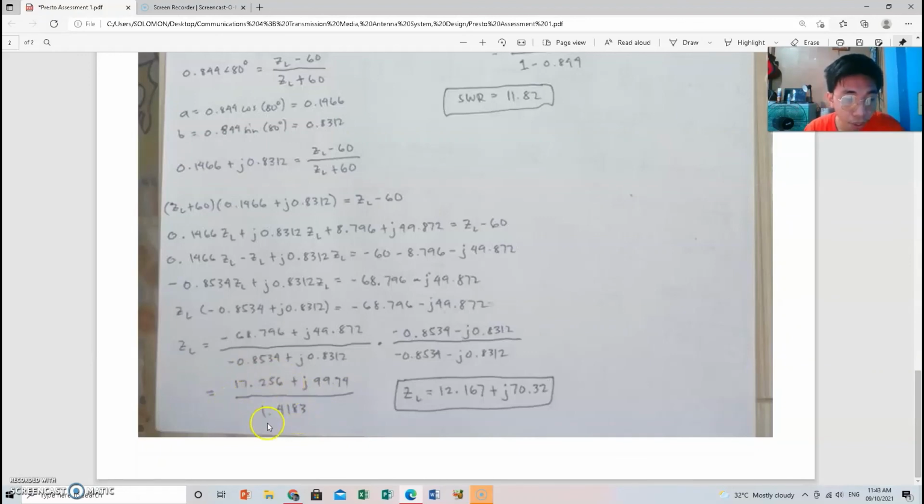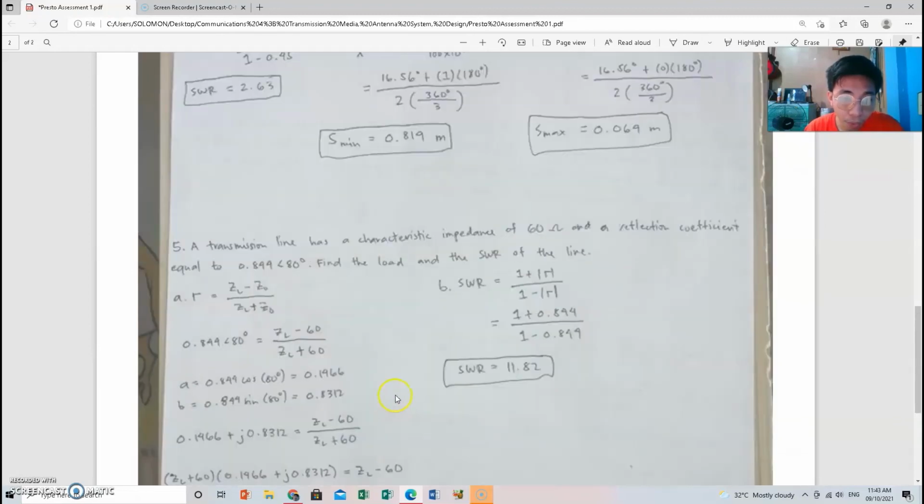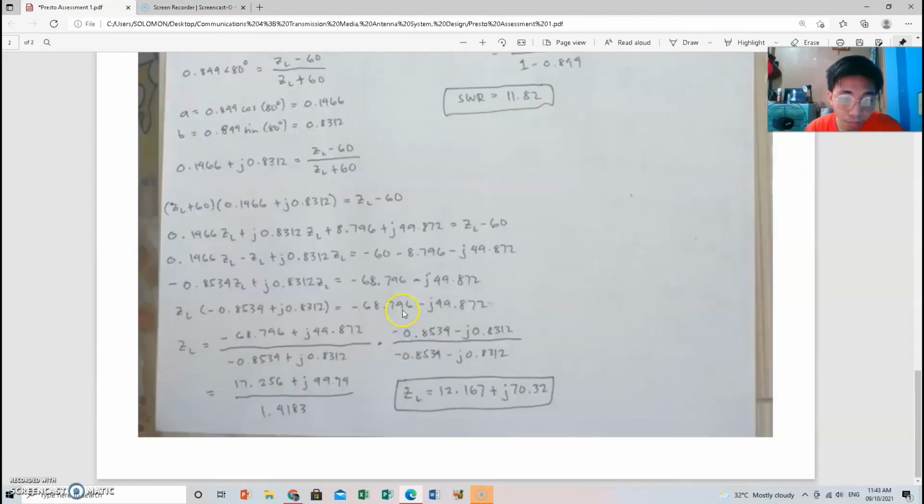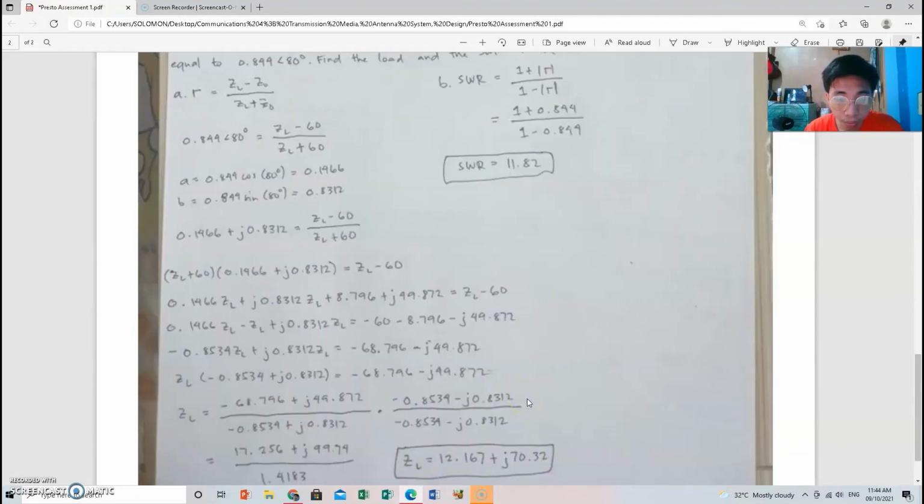And again, divide these. 17.256 divided by 1.4183 will be equal to 12.167, and 99.74 divided by 1.4183 becomes 70.32. So the final answer, Z sub L, or the load, is equal to 12.167 plus J 70.32.